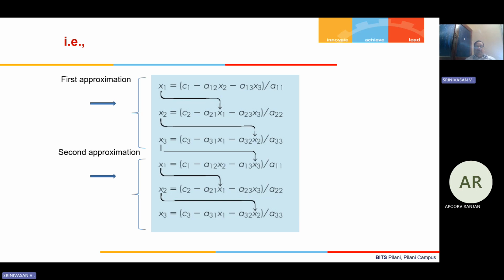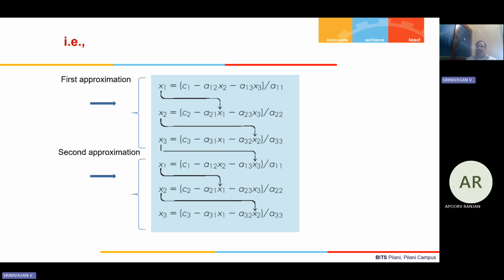This value of x1 is taken here. This is what we mean by the latest value of x1 being taken for finding x2. And having found x2, the latest value of x2 is used here to find x3. Having found x3, the latest value of x3 is used in finding x1 in the second approximation.